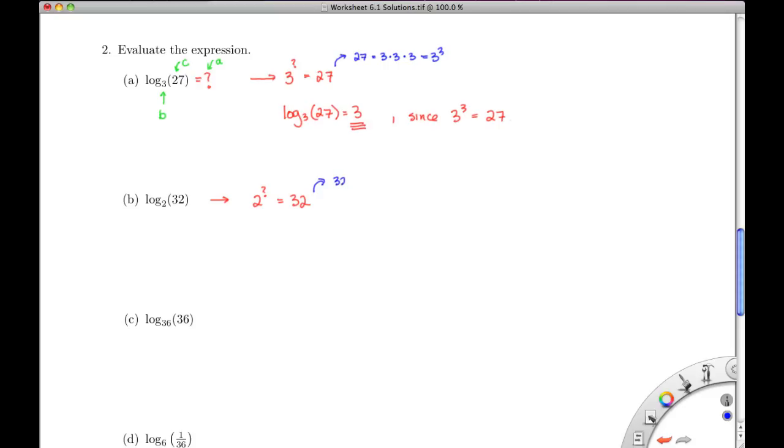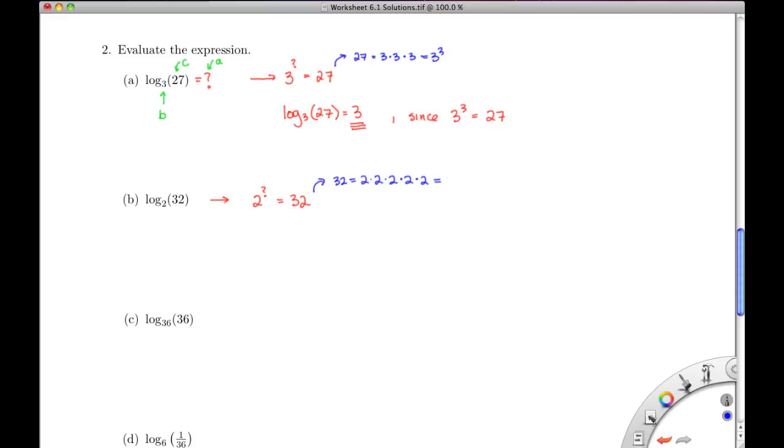So 32. Well, if we take 2 times 2, that's going to give us 4. Times 2 again is going to give us 8. Times 2 again is going to give us 16. Times 2 again will give us 32. So if we multiply 2 times itself 5 times, we're going to get 32. So this is going to work out really nicely for us.